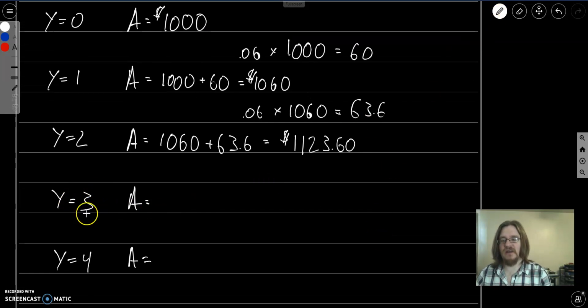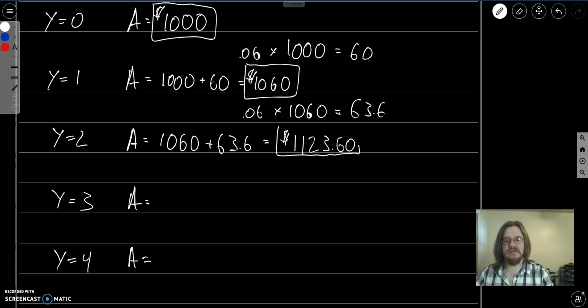So at the end of year 3, how much will we have? Well, for year 3, we're going to earn some interest on how much money we have in our account. This is the amount of money we have in our account, and we're earning 6% interest.